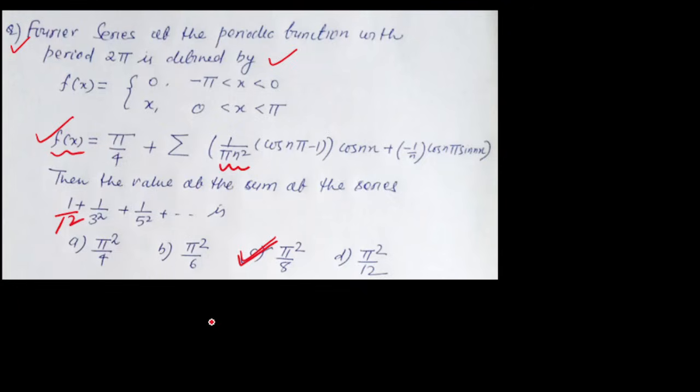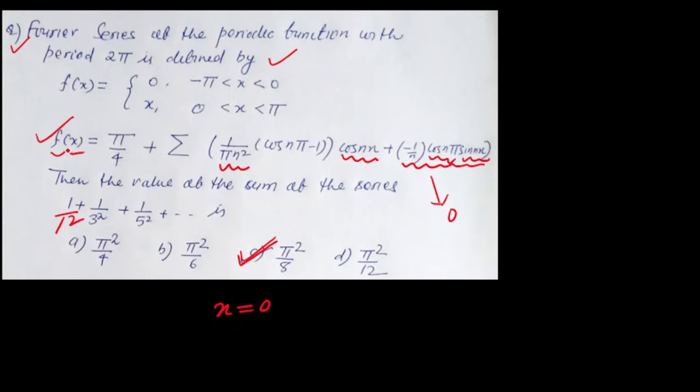So in this expression if I put x is equal to 0, what will I get? x is equal to 0 will give me cos 0, so all these cos 0 terms will become 1. And all these terms, I hope you can see, this is minus 1 by n cos n pi sin nx. So sin 0, all these terms will become 0. So only this term will be left with us.